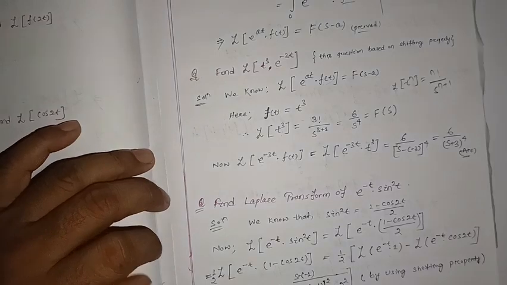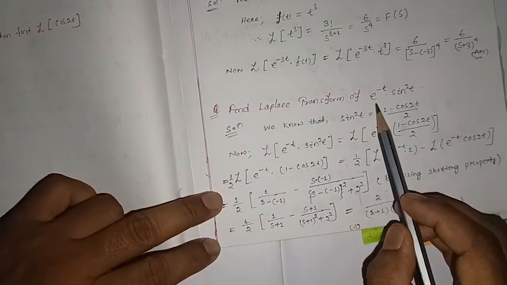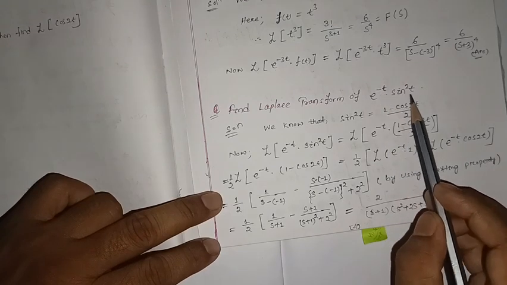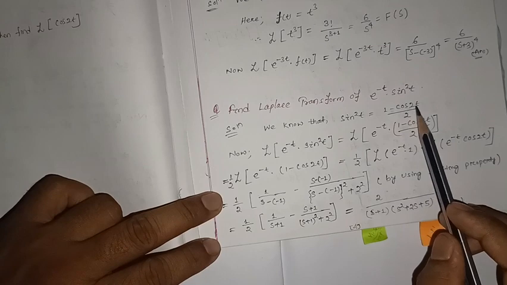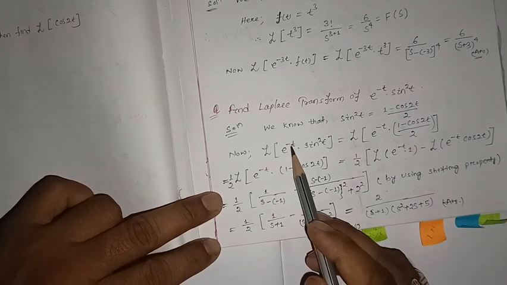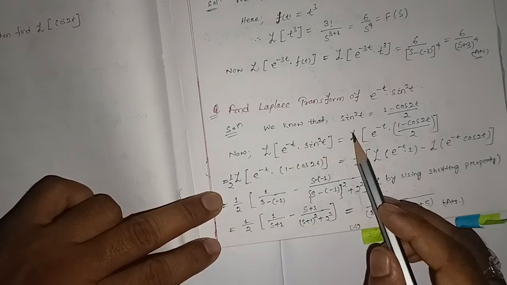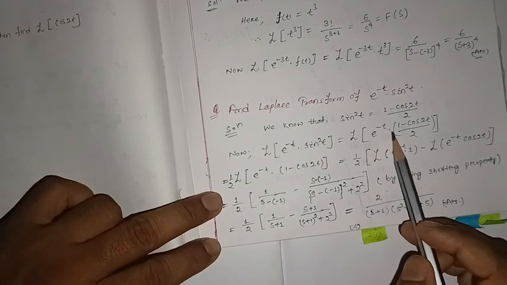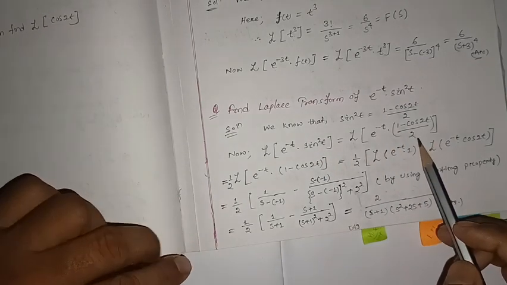Next we are going to consider another numerical, that is e to the power minus t into sine squared t. We know that sine squared t is nothing but (1 minus cos 2t) by 2. So the Laplace transform of e to the power minus t into sine squared t can be written as the Laplace transform of e to the power minus t into (1 minus cos 2t) by 2.